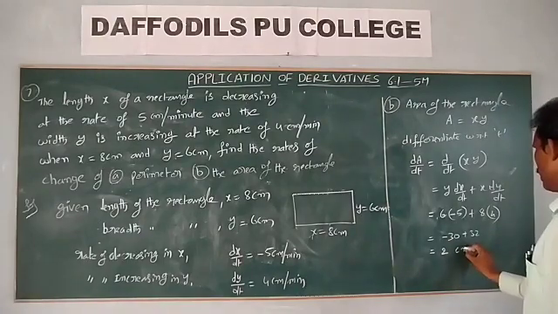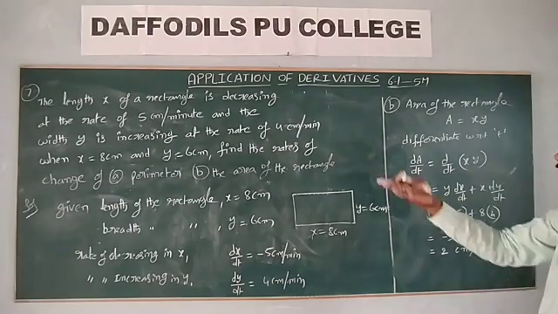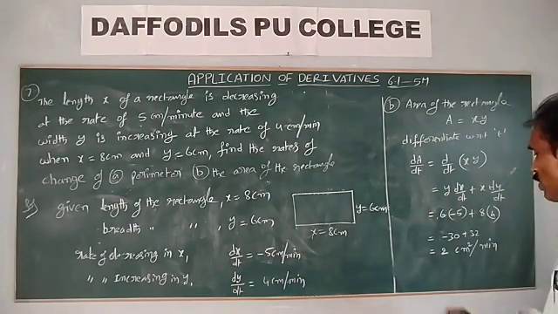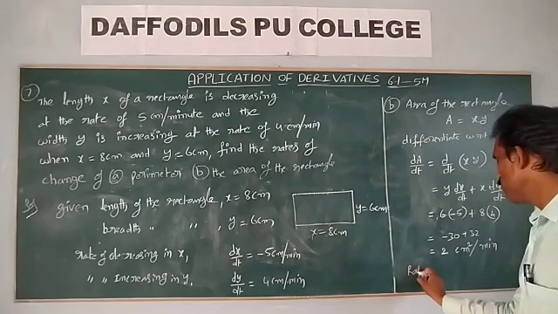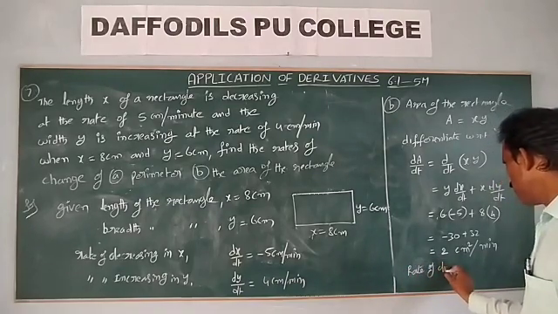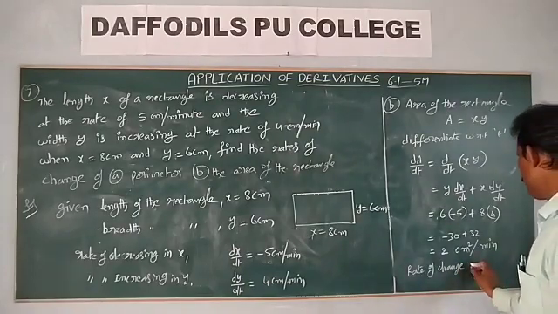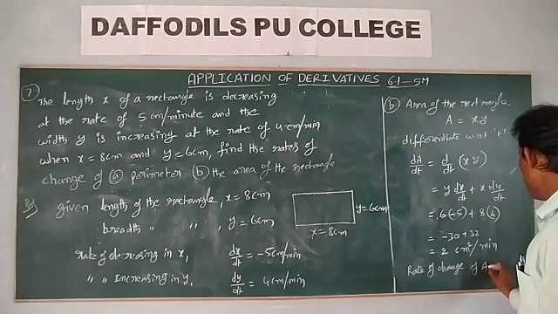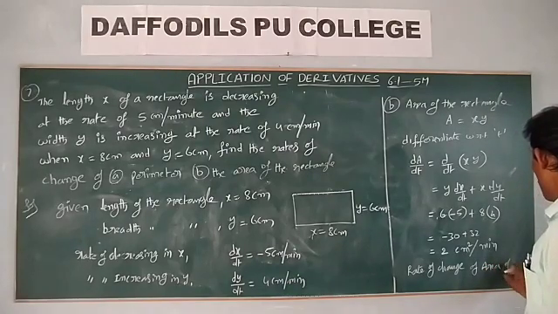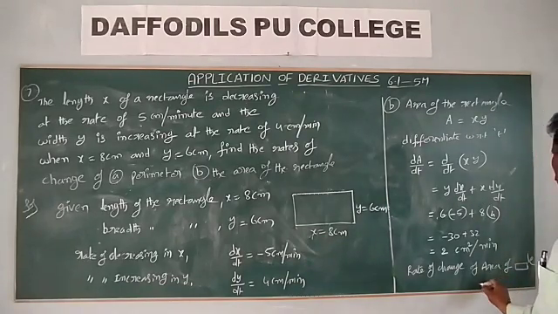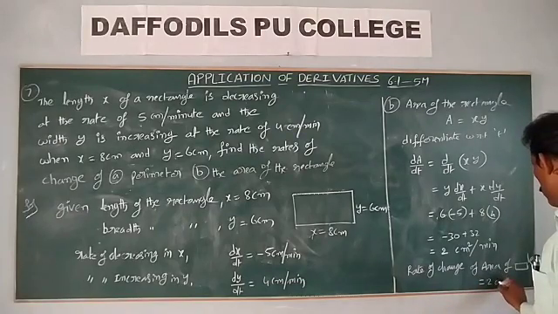This is area, so centimeter square per minute. Therefore, the rate of change of area of the rectangle is equal to 2 centimeter square per minute.